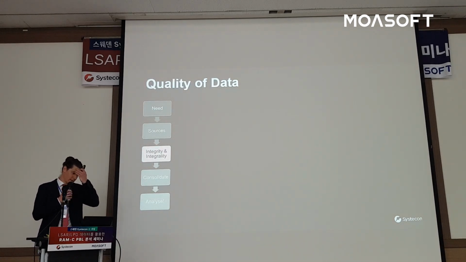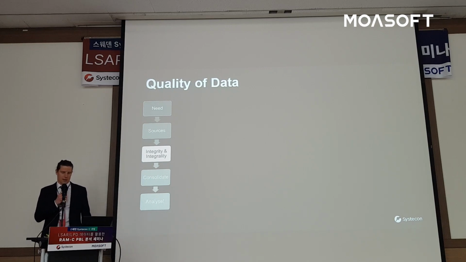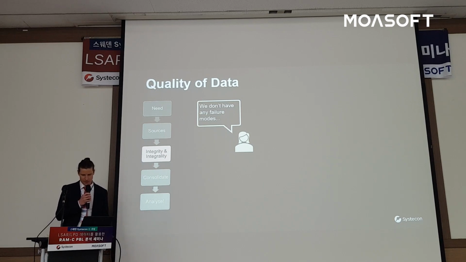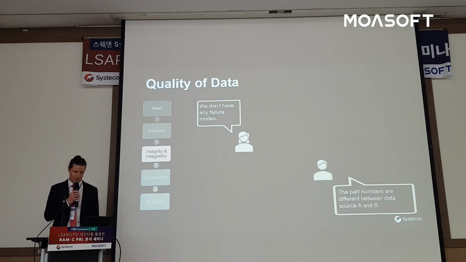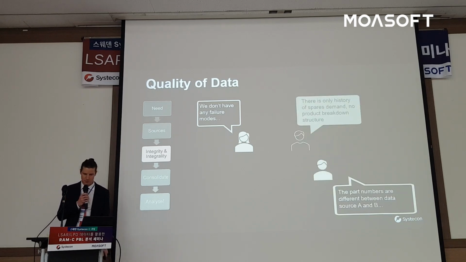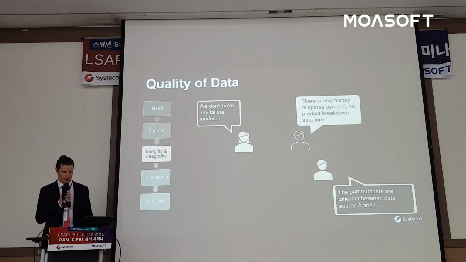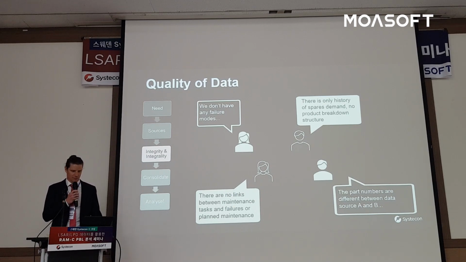But once we know where it is, we also need to understand the quality of the data and how it should be available. And we often hear wording like this, that we don't have any failure modes, or the part numbers are different between source A and B, and there's only history of spares demand, but there's no product breakdown structure, and so there are no links between maintenance tasks and failures.